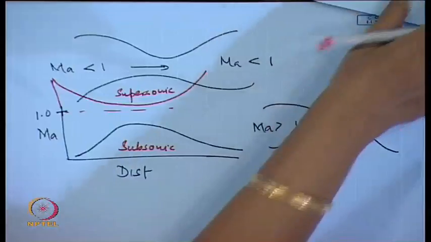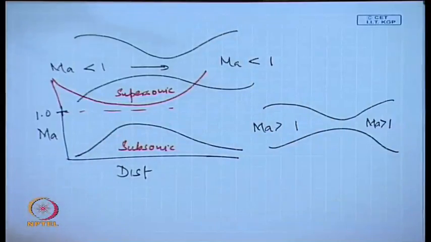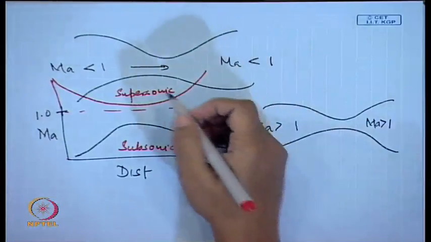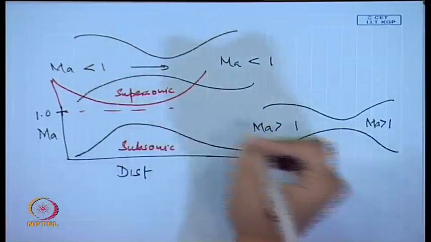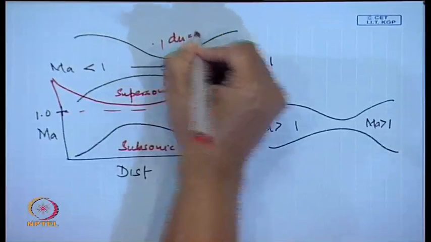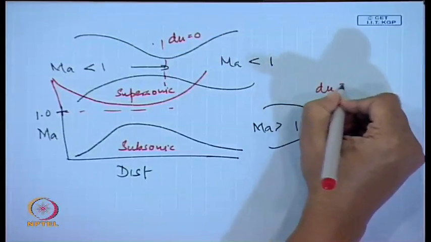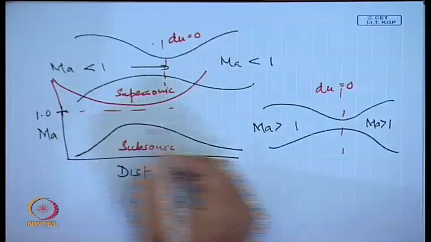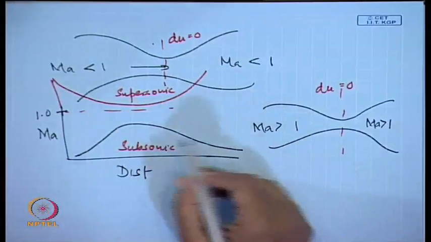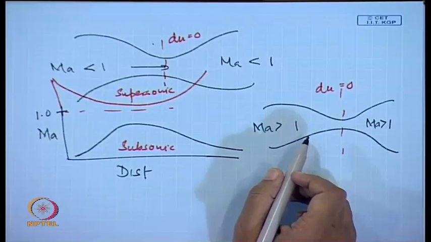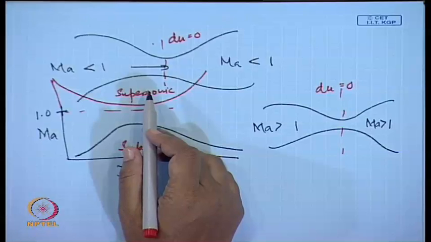We can also have these two conditions, but we need to remember that for this to occur, du has to be equal to 0. This is the thing that you have to remember. So, these are the two cases where Mach number is not equal to 1 at the throat, but yet the flow can occur, because the fluid at the throat is either at rest or in uniform motion.